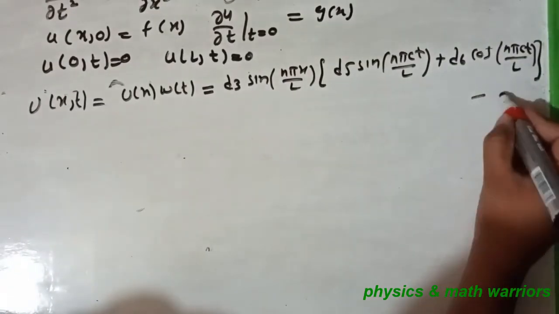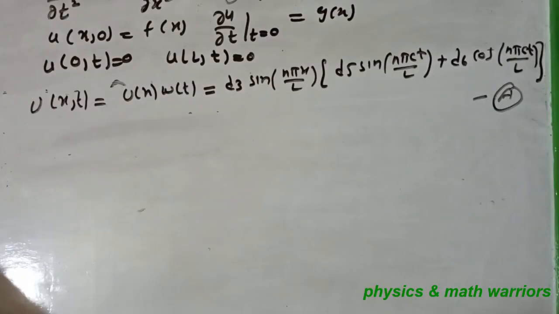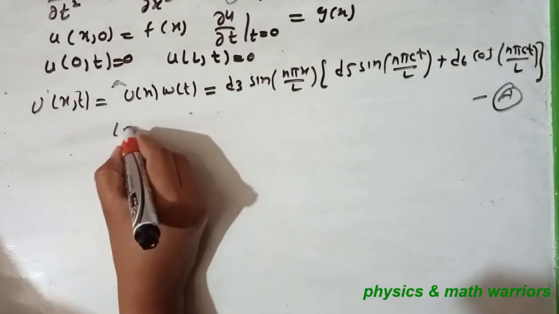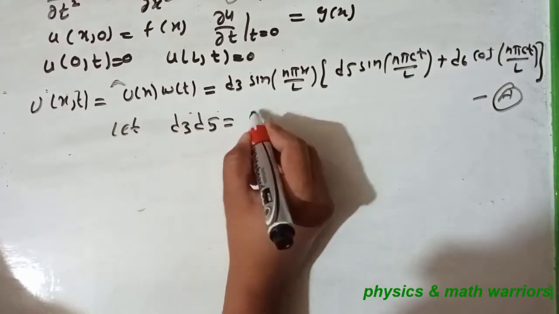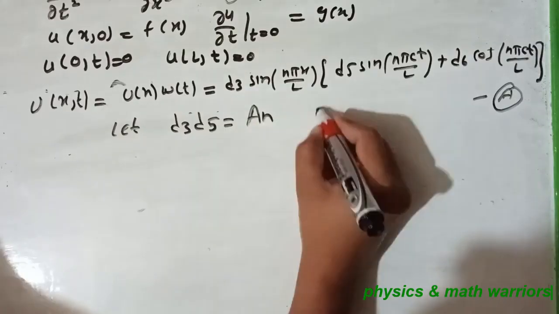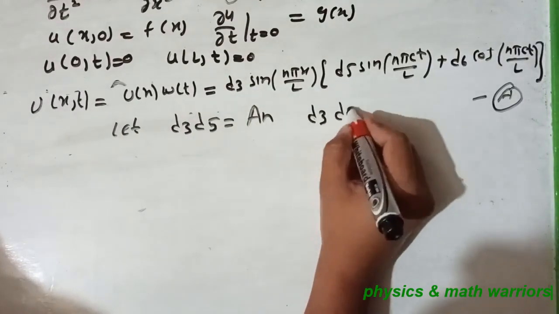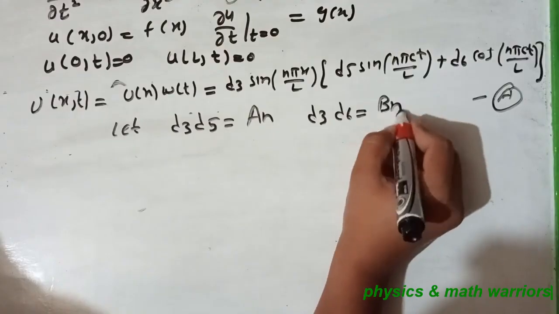This is equation number A. Let d3 d5 be equal to an, and d3 d6 be equal to bn.